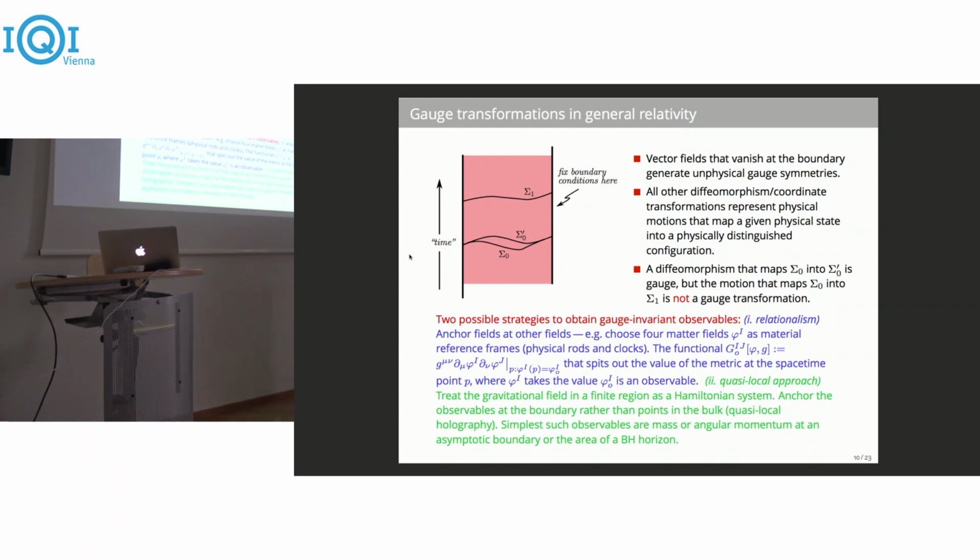You just say that instead of asking what is the value of the metric at a given value of the coordinates, which is unphysical because the value of the coordinates is arbitrary, because it can be made arbitrary by any change of coordinates, you introduce physical coordinates, physical frames of reference, and you ask yourself, what is the value of, for instance, the metric as expressed in terms of these physical coordinates once these matter fields take a certain value.